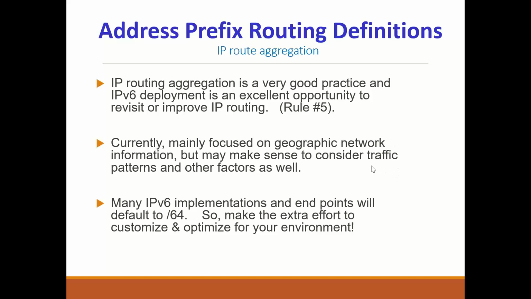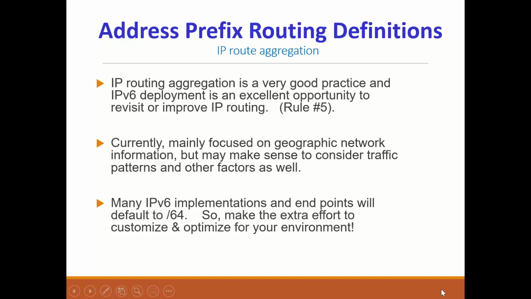It's a chance to put some thought into it and do it right. That's Mike's opinion. It's very important. So let's spend some time to do it right, and we will reap many a benefit as a result. And I'll say this, normally when you look at something like IP routing and aggregation, you're thinking mainly of geographic considerations.